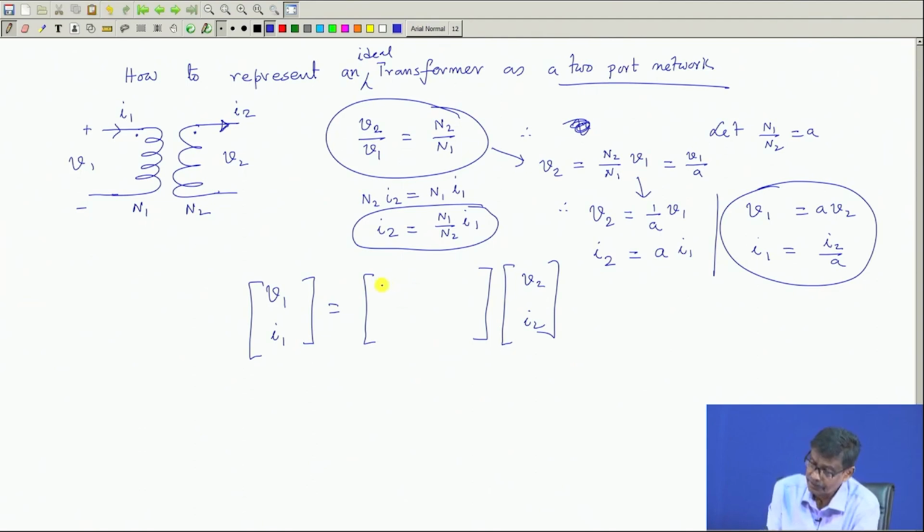So what will this be? V1 is equal to a V2. So here it will be 0, no I2, and I1 is equal to I2 by a. So this is 0, this is 1 by a.